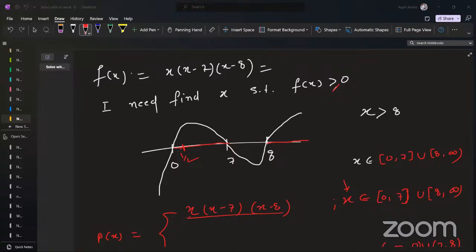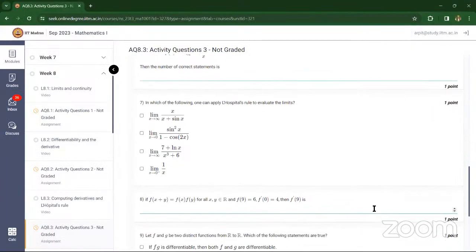Activity question 8.3, question number 7. I'm sharing that. Others can leave, okay?